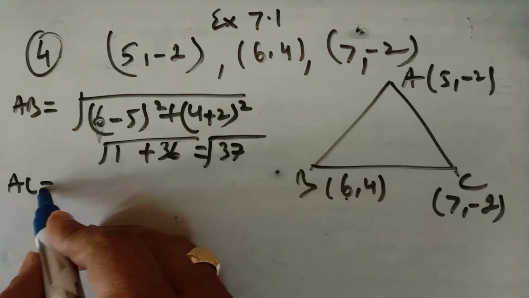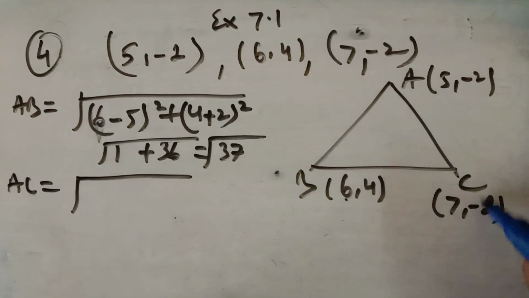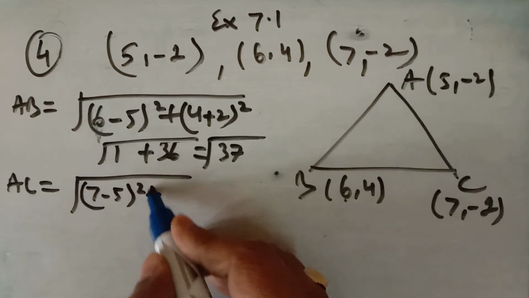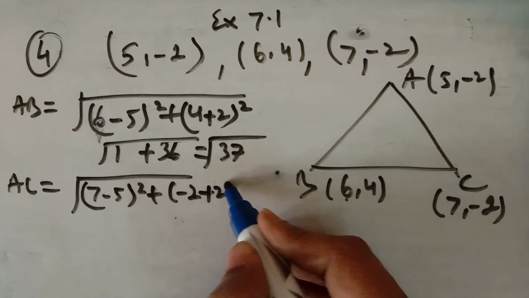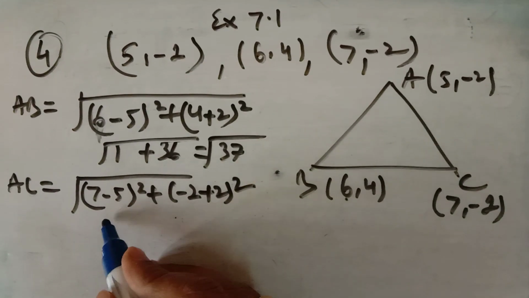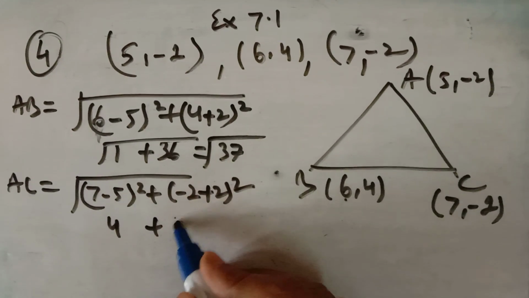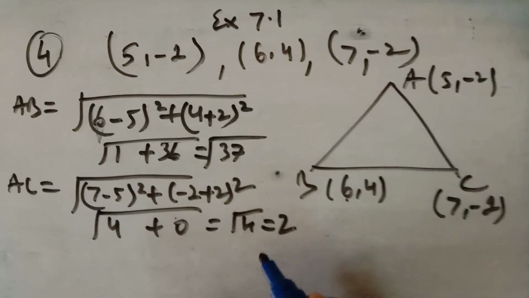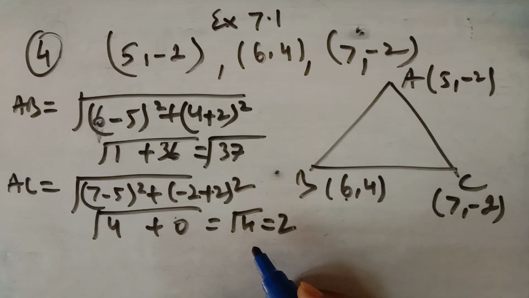Then I will find the length of AC using the distance formula, that is (7 minus 5) whole square, that is 4, and 0, so it is coming out to be root 4, which is equal to 2. So this is the length of AC.